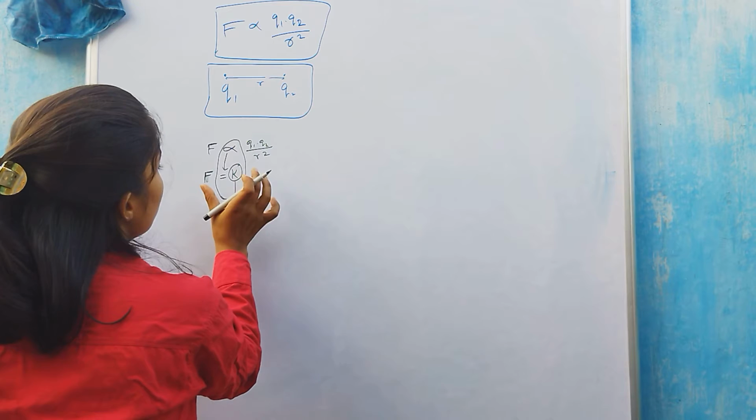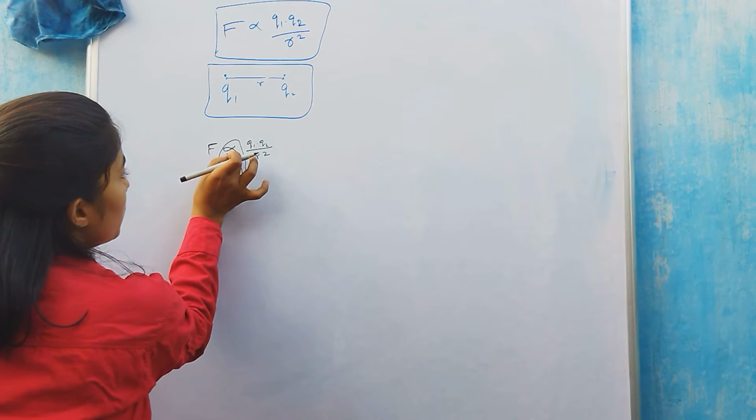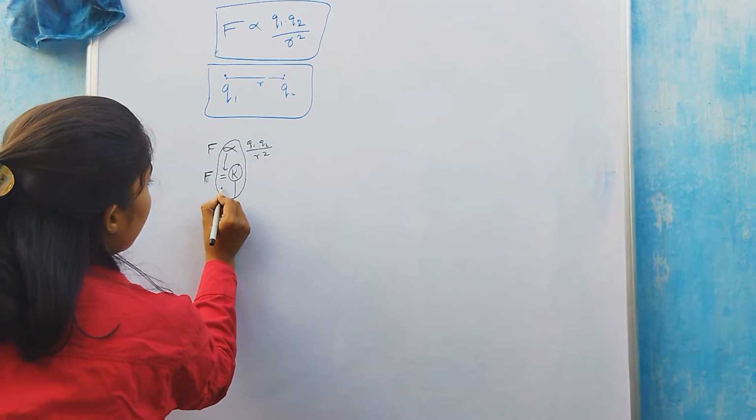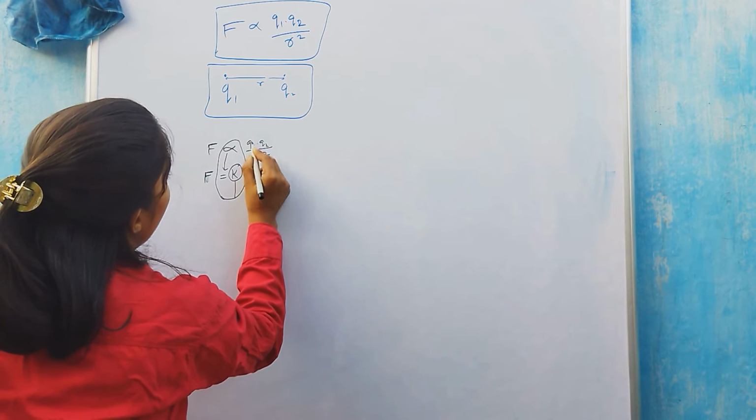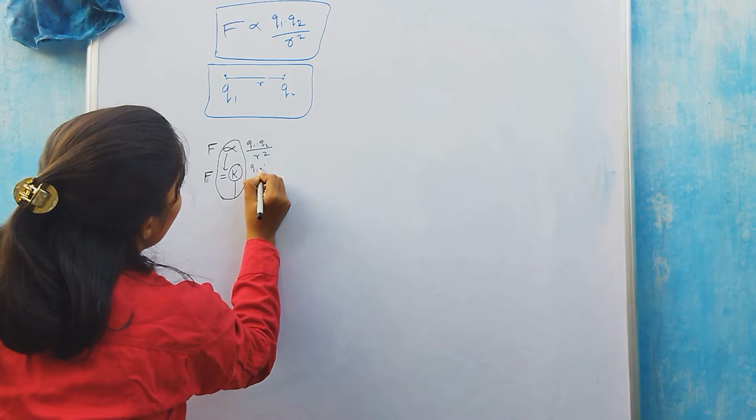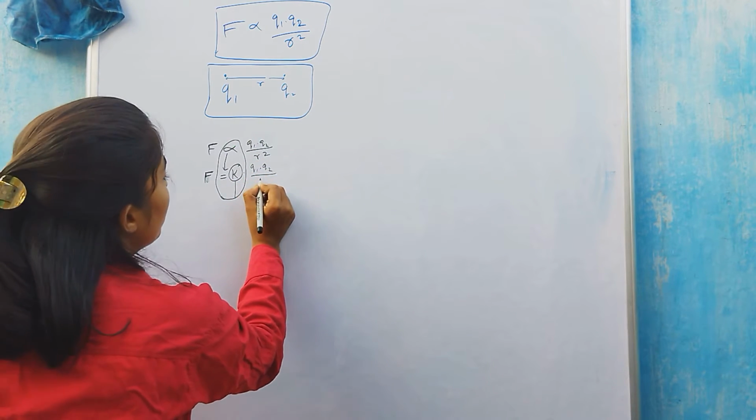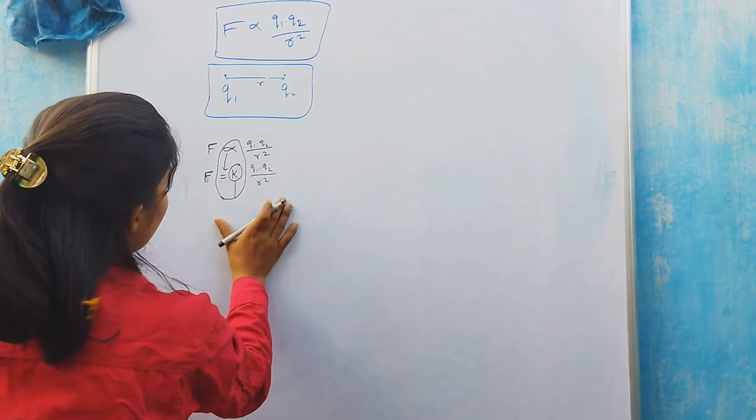Okay, so now this proportional sign is replaced with equal to k, and this is the remaining part, which is q1 into q2 divided by r square.